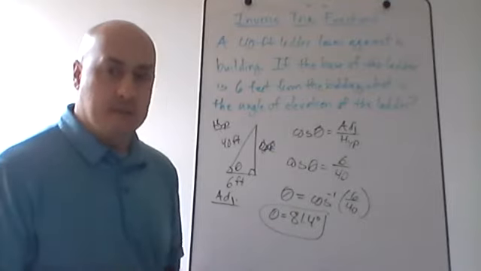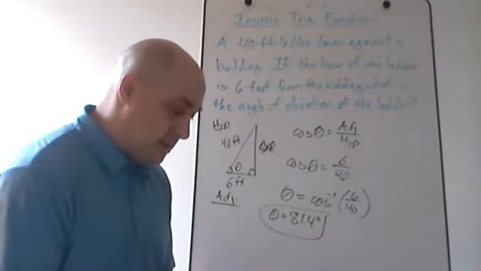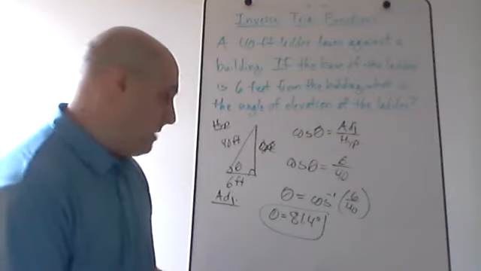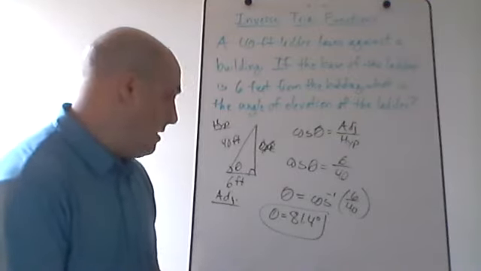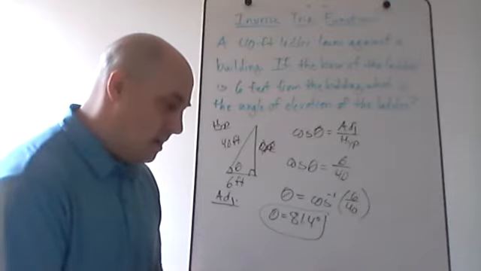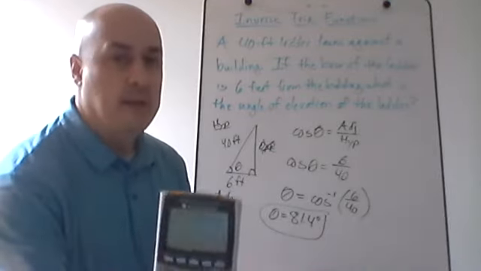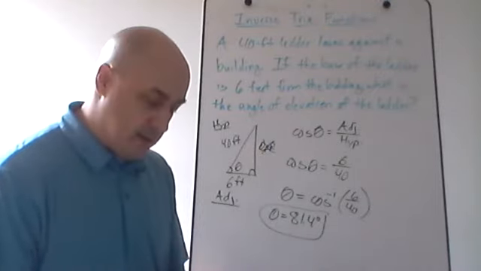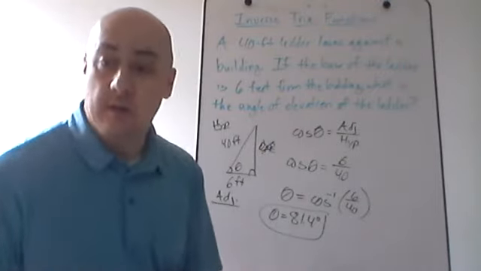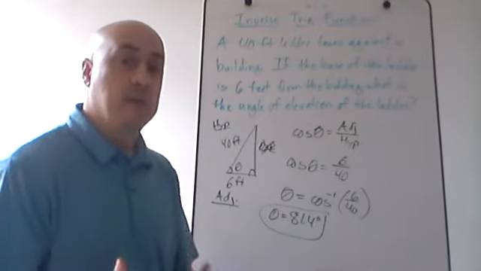People have a mental concept of what 81.4 degrees means. Whereas if I put it in radian mode and do cosine inverse of 6 over 40, I get 1.42. I want to say to somebody on the street, oh, that angle is 1.42 radians. They don't know what I'm talking about. Most people don't know what you're talking about when you give answers in radians.